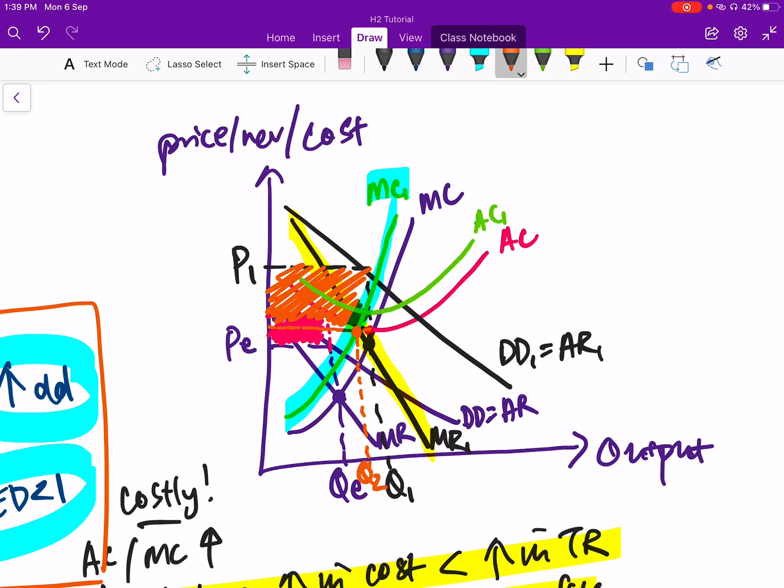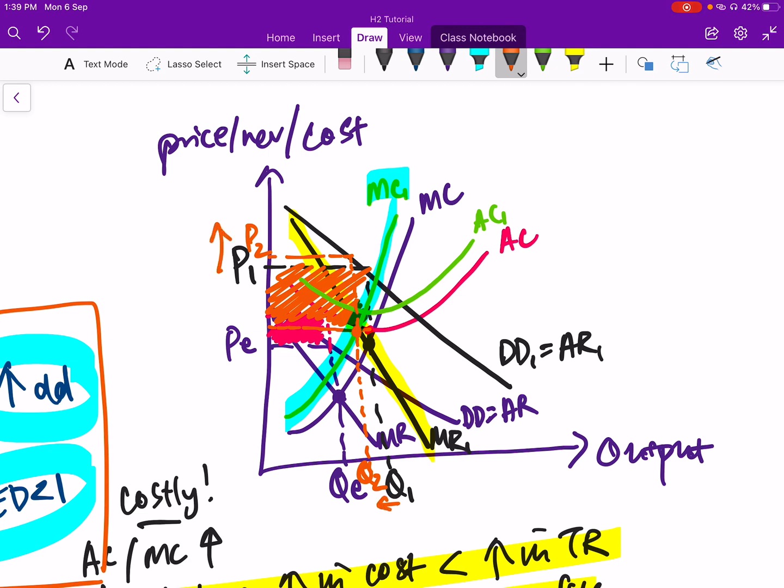Okay, and the price is somewhere here. Okay, P2. Naturally you will see a smaller output than if the cost remains unchanged, right? Because now the cost is greater, you will not want to produce as much. And because the cost is greater, your price will also be higher than if the cost remains unchanged. So we naturally see a smaller output and a greater price.